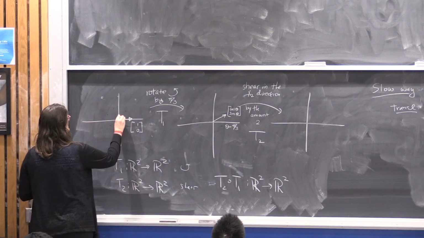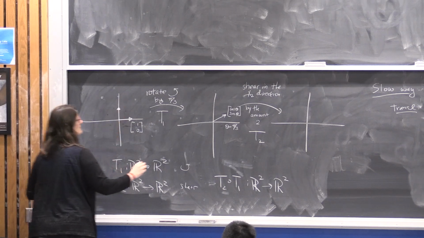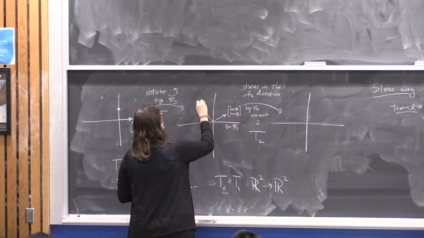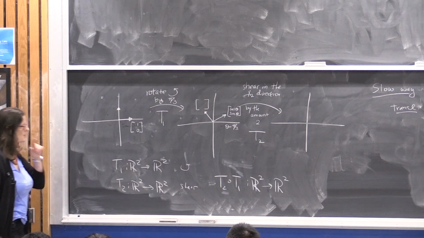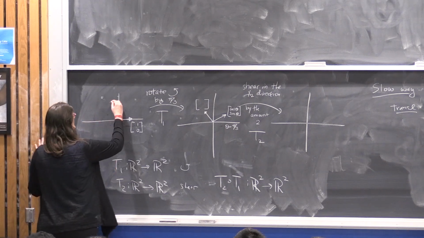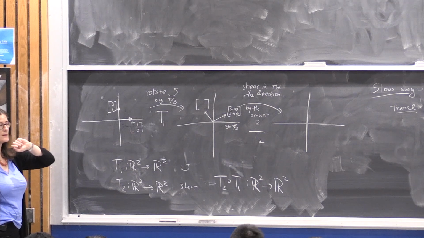And then I figure out the second vector. That's going to go to that. And what are the coordinates of that vector? Well, this one is 0, 1. Perfect. And what does it get sent to?